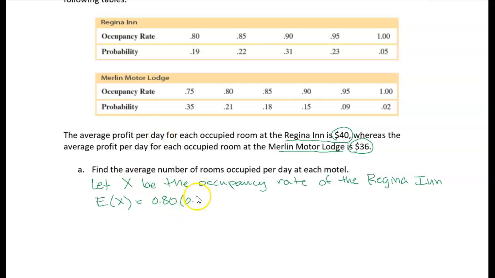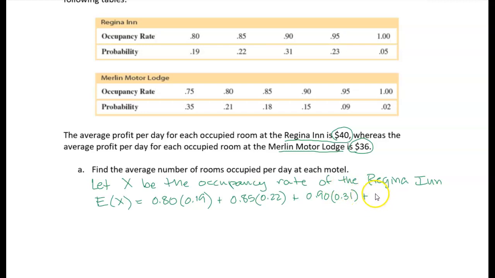An occupancy rate of 85% occurs 22% of the time. A 0.90 occupancy rate happens 31% of the time, so 0.31.